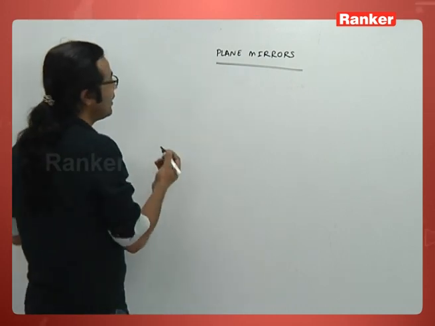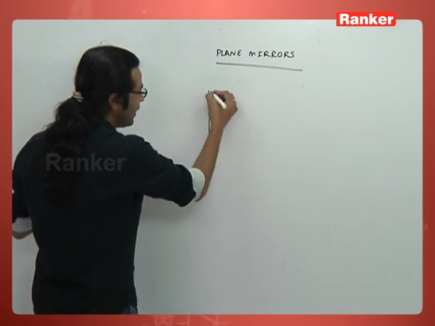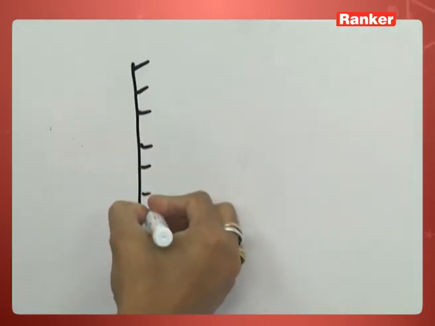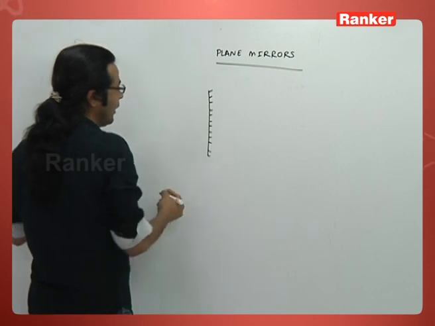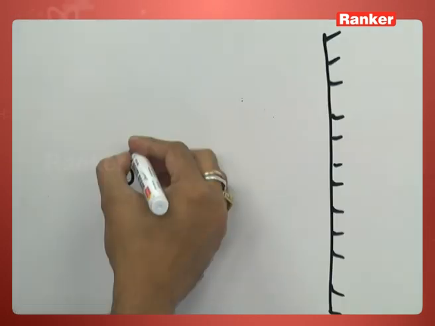Now let us go to understand plane mirrors. Plane mirror is nothing like this. We can say this is a plane mirror, and suppose I say this is an object kept.